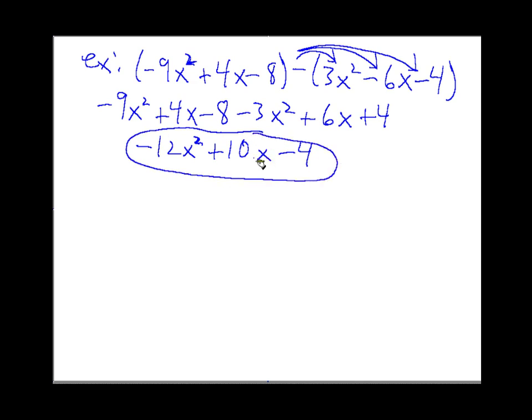All right. So again, combining like terms is not too difficult, as you can see here. And let's try another one. Let's look at the difference of these two polynomials here.